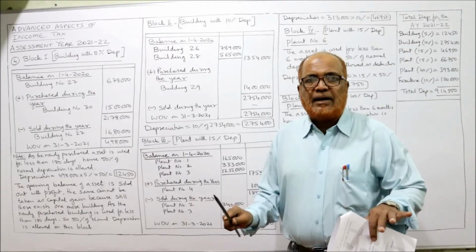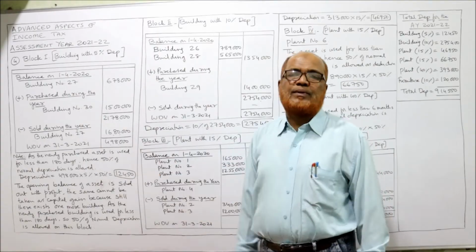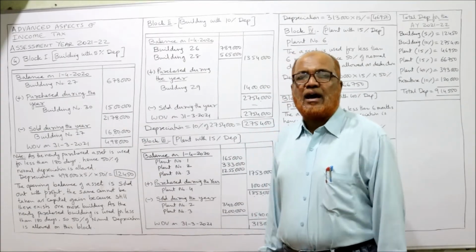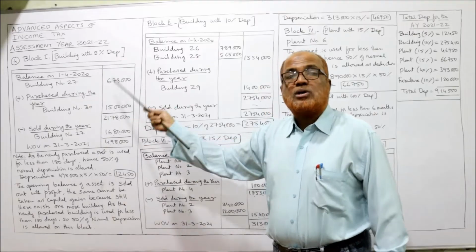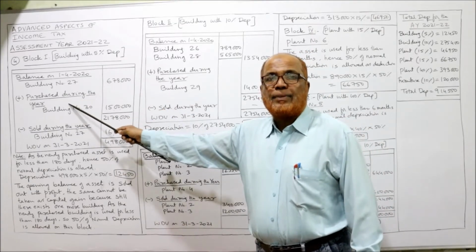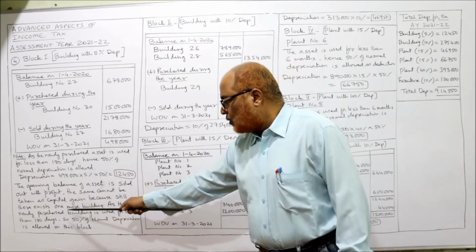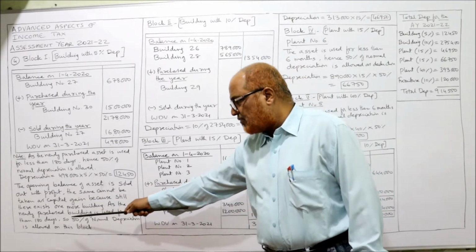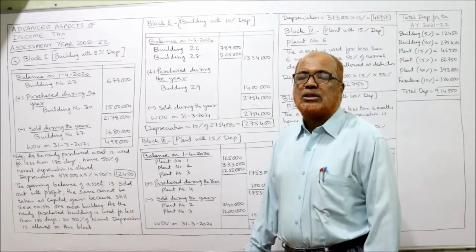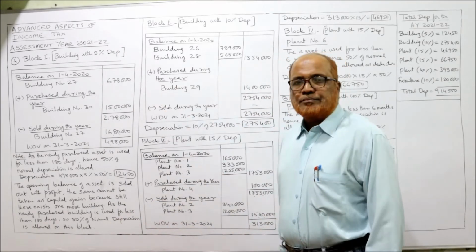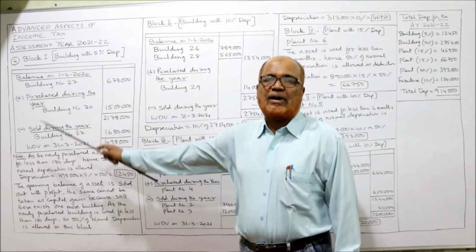If no other building were there in this block, only one building was there and it is sold, then capital gain will arise. But here the block is not closed because one more building has come. One more building has been purchased. So as the newly purchased building is used for less than 180 days, 50% of normal depreciation is allowed on this building. That's all. This is a complete explanation on block number 1, building with 5%.